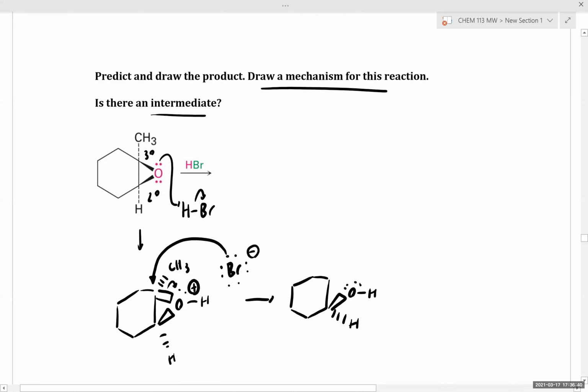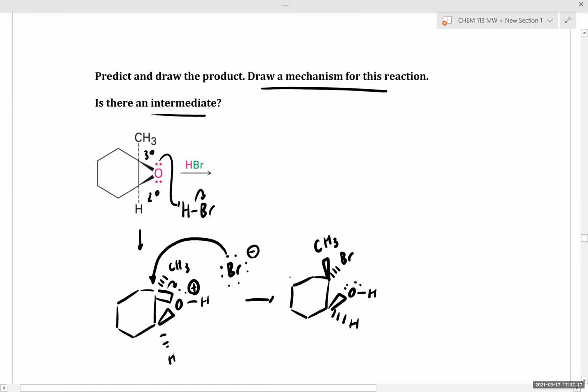So then, my question to all of you is, what face does the bromine or bromide ion attack from? If our epoxide is on the top face, where is our bromine atom installed? Should it have a dash or a wedge? Dash. Yep, exactly right. And the reason for that is that the bromine atom attacks from the opposite face to our epoxide, and this results in a net inversion of our carbon stereocenter.